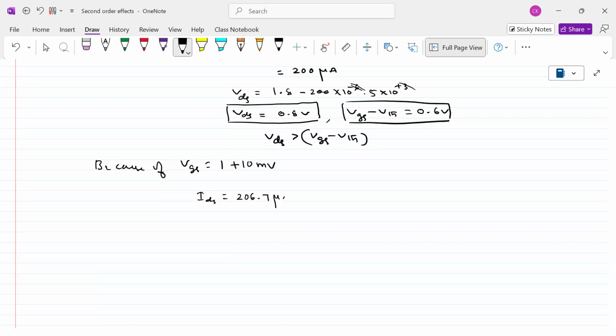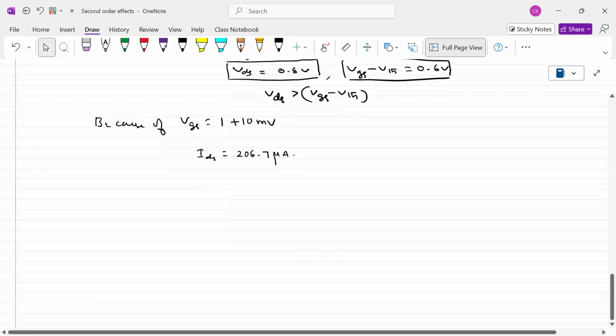206.7 microamps. Okay, this is just for the sake of time, I have given the value. Just substitute in place of VGS 1.01 volts. 1.01 volts that we have to add. Okay.